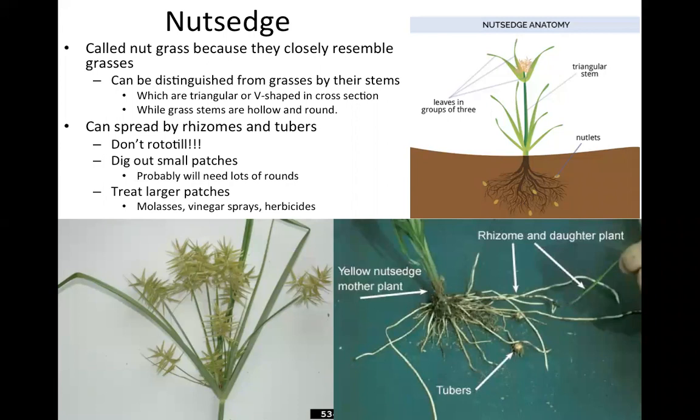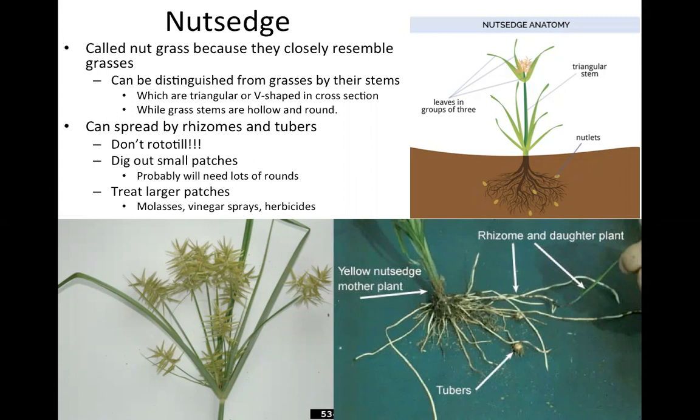So you have to pull all of it out, and you could spend years pulling stuff out, waiting for whatever's left to come up, and pulling that out. It just takes a while to really manage nutsedge, and it will spread like crazy.